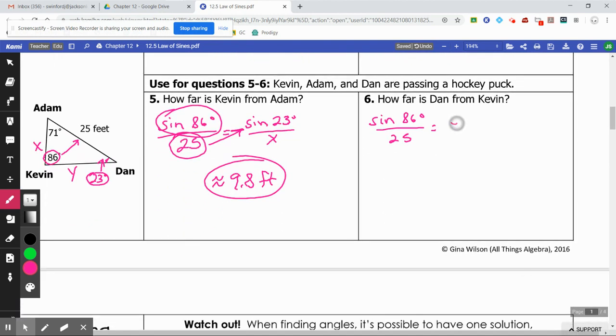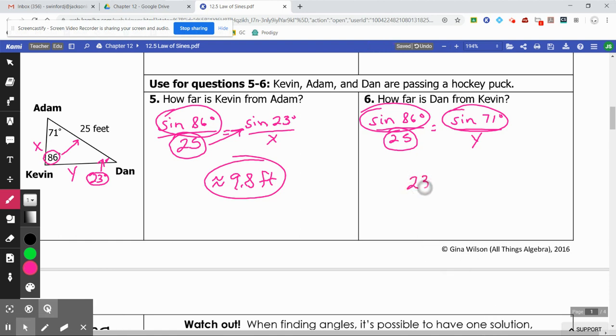So is equal to the sine of 71 over y. And you type it in the same way. 25 times the sine of 71. Take that answer, divide by the sine of 86, and you get about 23.7 feet. About. And again, the squiggly equals there means about.